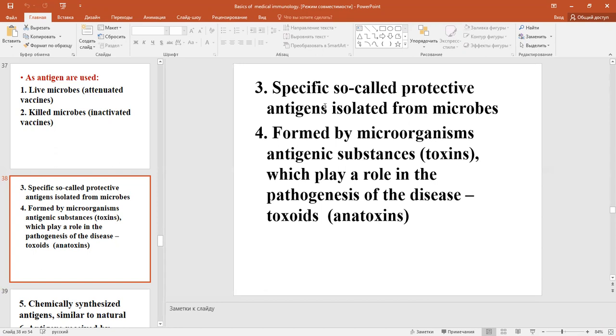The task is very important for pharmaceutical faculty students: production of vaccines. The task for scientists is to destroy certain microbes and to isolate substances of these bacteria or viruses.